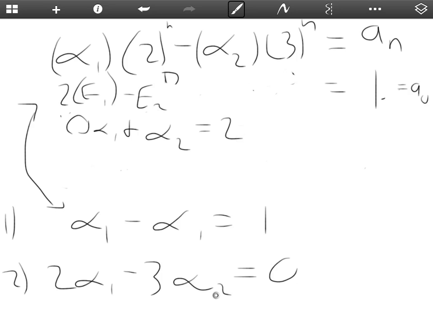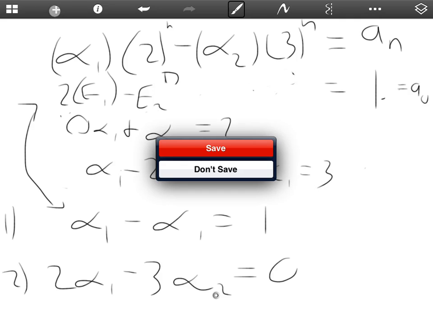Let me just double check my algebra here. Sigma 2 is equal to 2. I'm fairly sure that's right. If that's true, then sigma 1 minus sigma 2, which is 2, is equal to 1, and so sigma 1 is equal to 3. And so this looks right.